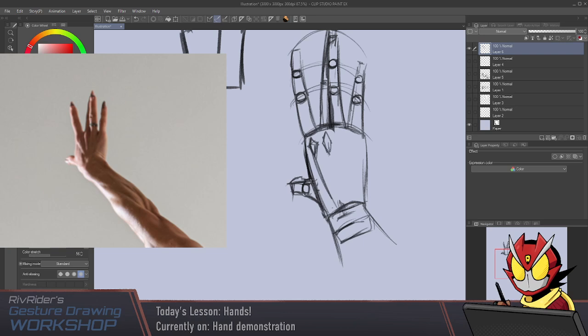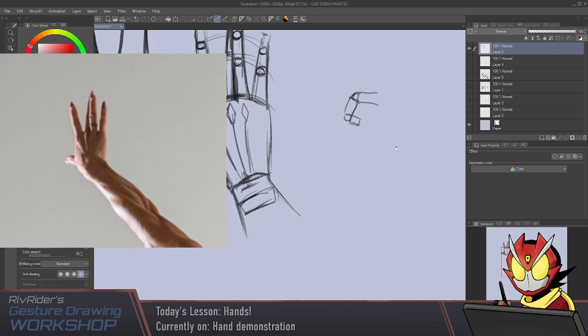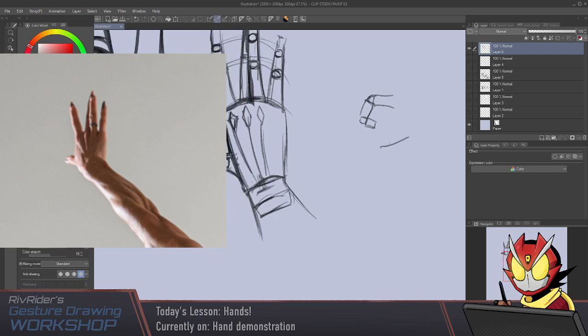But again, you can just do this if it's just standing like that. However, when a finger starts to bend, that tube comes apart and exposes the joint. So just keep that in mind. If you think, I'll just draw tubes, and they'll just go like this, no, don't do that.